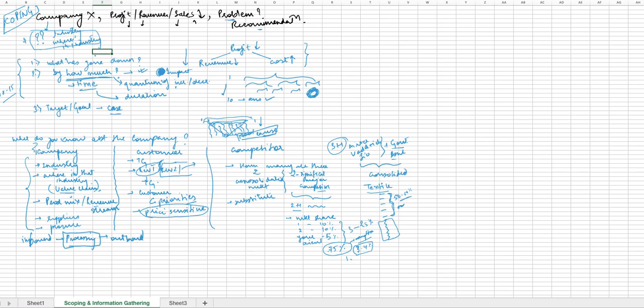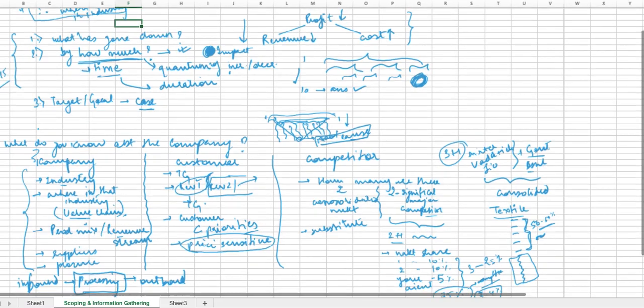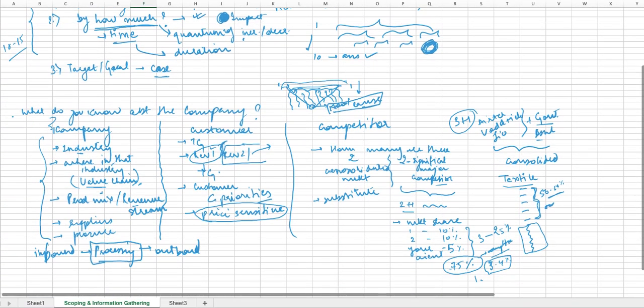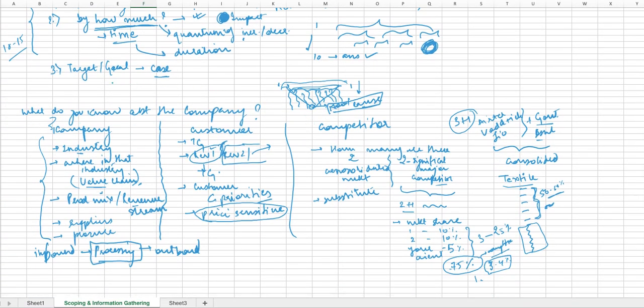Then we tried to first scope the problem whenever we get a profitability case. Then we moved to the second part, where we try to gather as much information as we can about the company. We did this gathering of information in 3 steps: about the specific company, about the customer they are serving, and about the competitors from which they are facing competition. So these 3 points we covered.